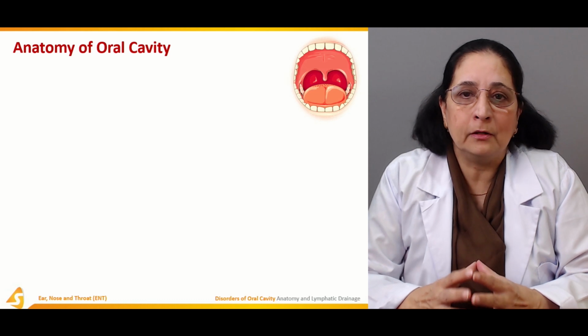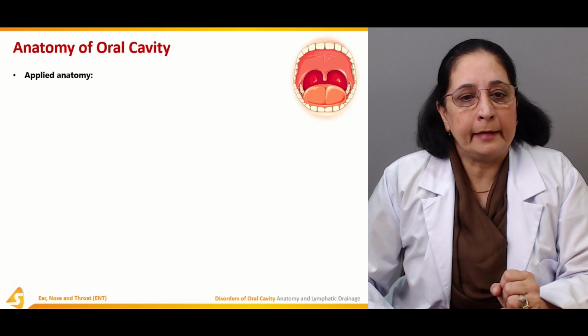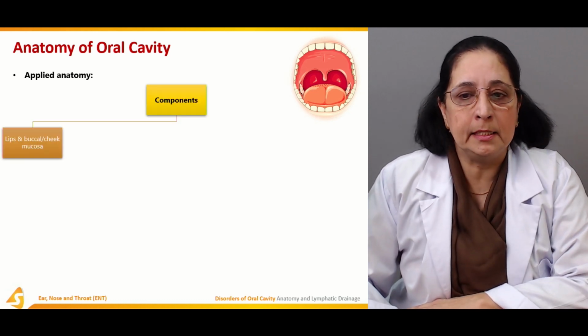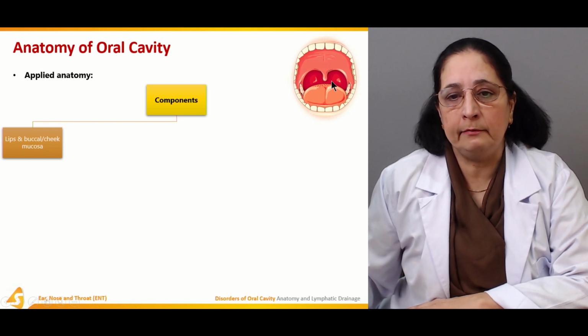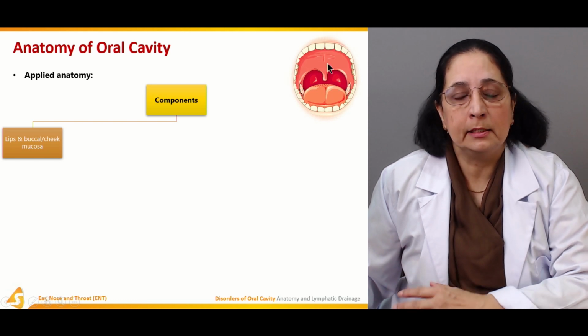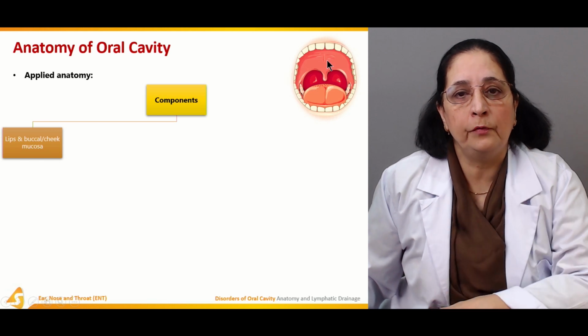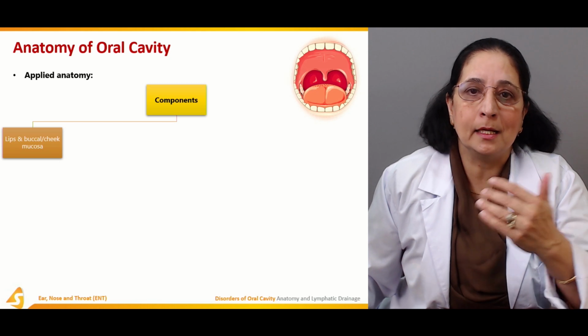So anatomy of the oral cavity is the normal structure of the oral cavity. So components of the oral cavity, mainly this is the structure of the oral cavity. We have the gingiva, the gums, and then there is a tongue, hard palate, which is in front. If you touch your tongue to the top or roof of the oral cavity, the front part, which is hard, that's the hard palate.